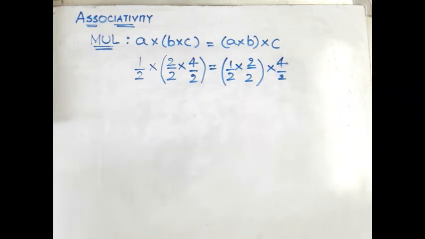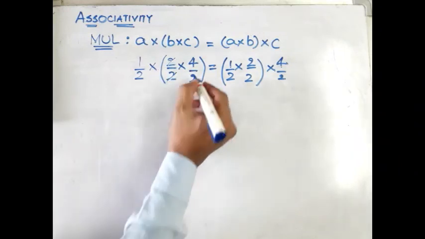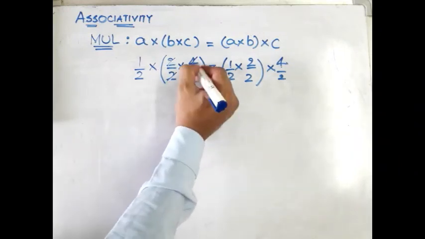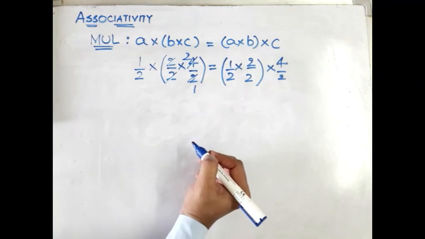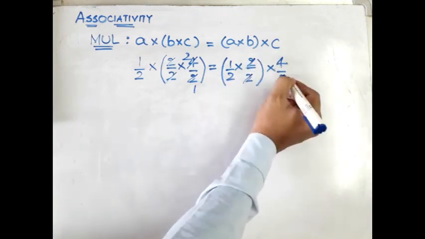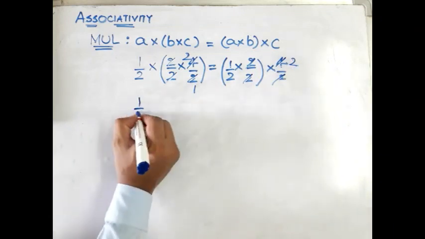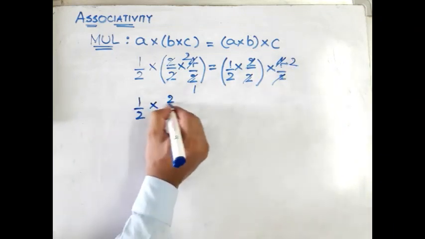As we have clear cut cancellations everywhere, let us move ahead so that it will be easy. So 2 and 2 will get cancelled. Okay. Here also 2 2 will get cancelled. The left out terms are 1 by 2 into 2 by 1.